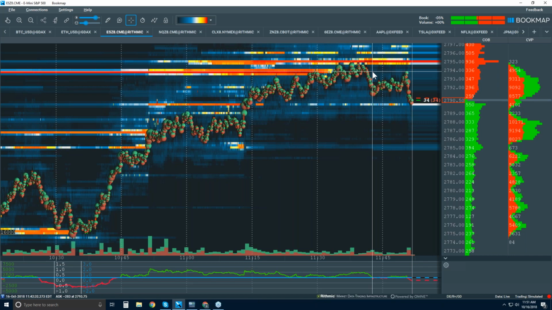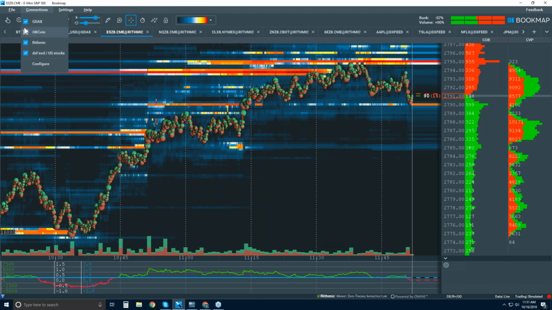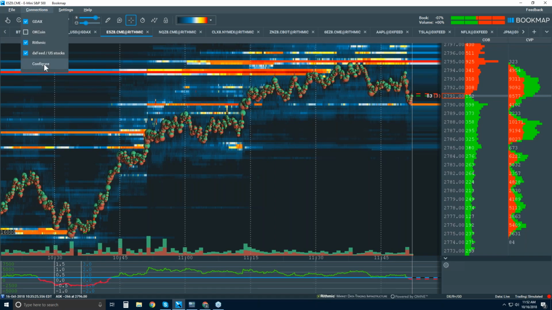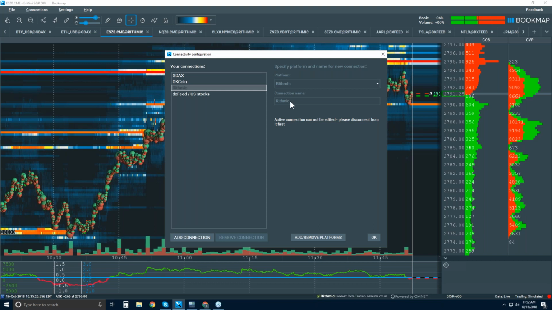I think what I would recommend is try this, and then I gotta go. Go up to connections up here and see, you probably have GDAX and this DX feed. Deselect both of these. Then come back up again and go to configure, and make your connection configuration for whatever it is. If you're looking at Rhythmic, for example, add your connection, add the platform as Rhythmic, then the name, and then input your credentials.